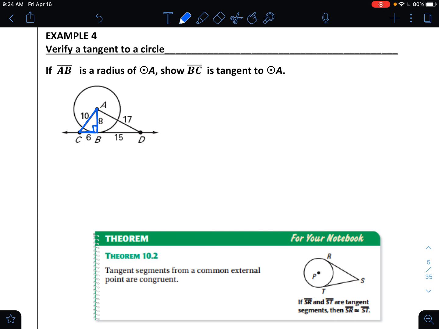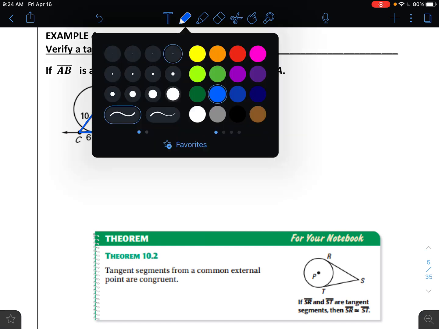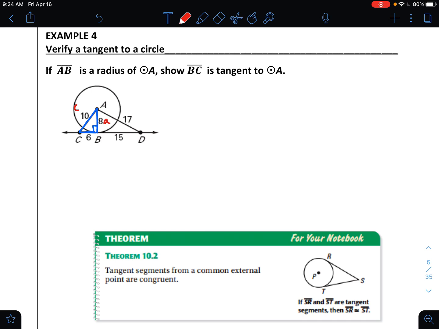So we're going to use the converse of the Pythagorean theorem. Is c squared equal to a squared plus b squared? So let's check C, A, and B. So is 10 squared equal to 8 squared plus 6 squared? So is 100 the same as 64 plus 36? And yes, that's 100.